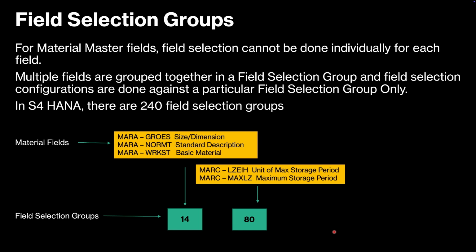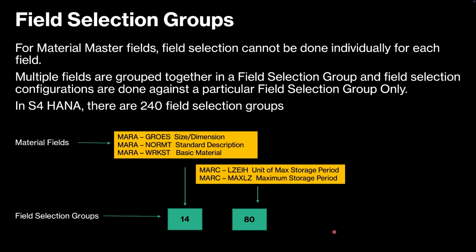Now let's understand what is called field selection groups. Now in SAP, for material master, we have multiple fields which you will be maintaining. Now, SAP does not allow you to do field selection for individual fields. What SAP has done, SAP has combined multiple fields into one entity that is called as field selection group.